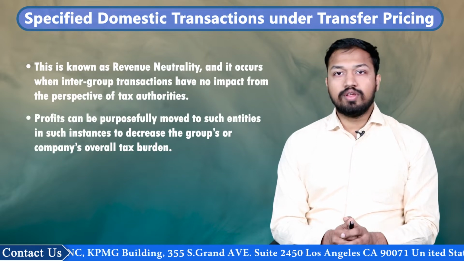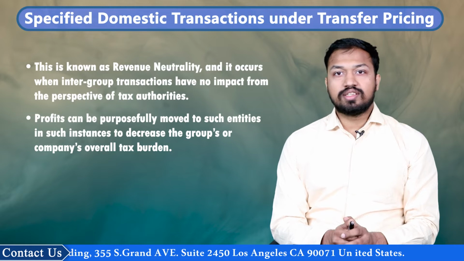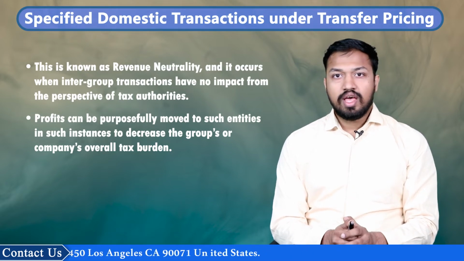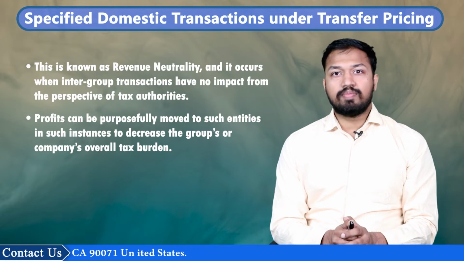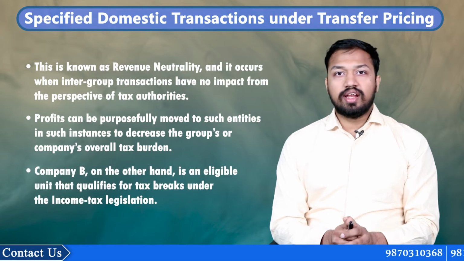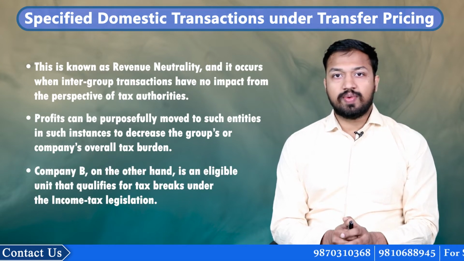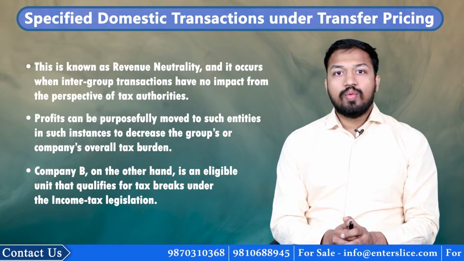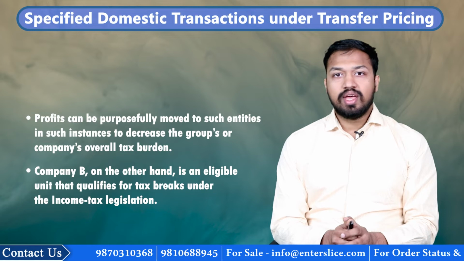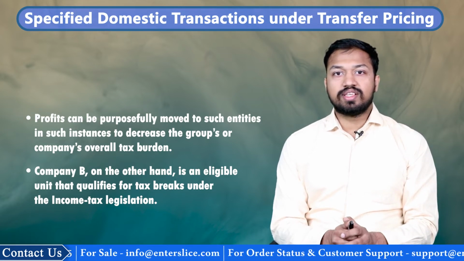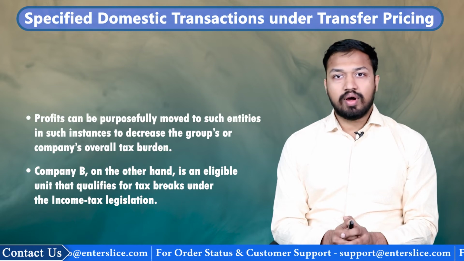Profits can be purposefully moved to such entities in such instances to decrease the company's or group's overall tax burden. Assume Company A and Company B are part of the same group or are significantly controlled by the same set of shareholders. Company B, on the other hand, is an eligible unit that qualifies for tax breaks under the income tax legislation. In such a circumstance, when delivering services to Company B, Company A can undercharge for such services, cutting its profits while raising Company B's income by the same amount.